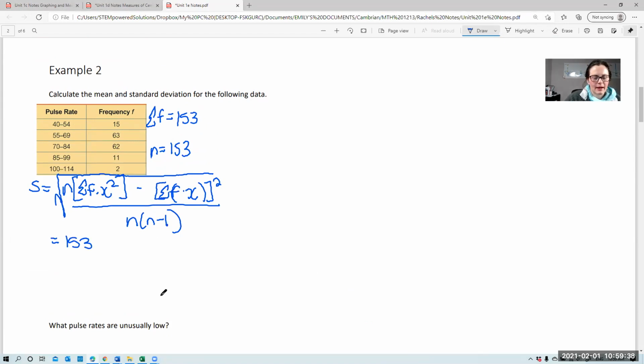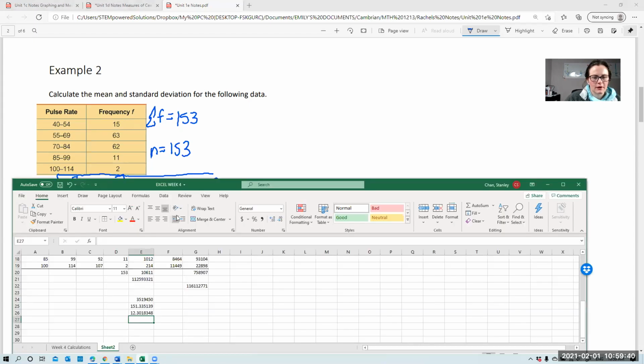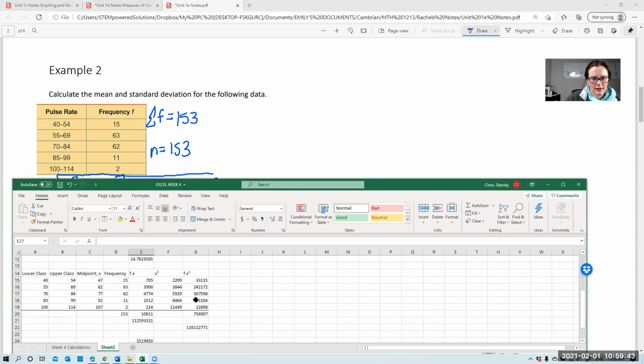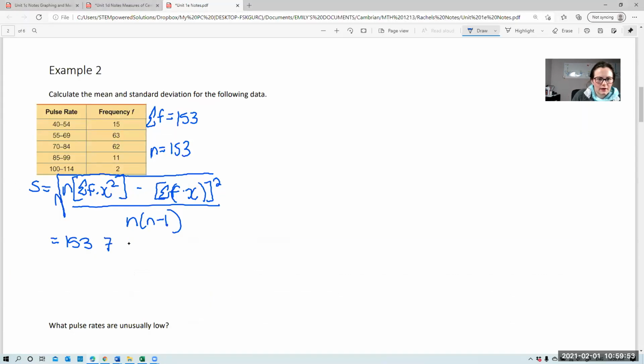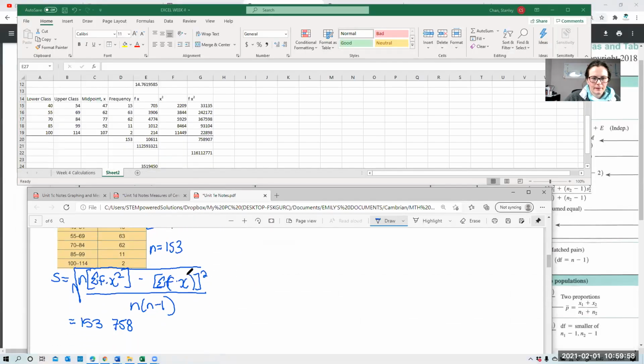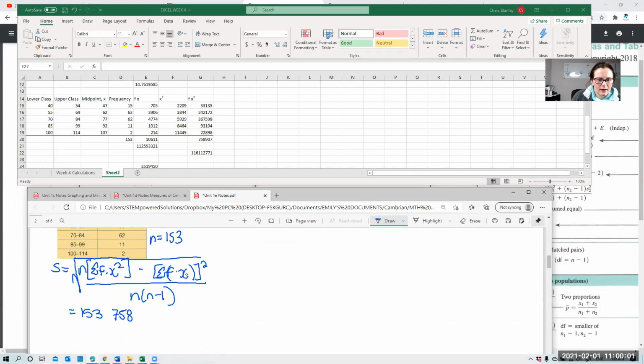The sum of the frequencies times x squared is equal to 758,907. There's a multiplication sign right here, and then we're square rooting this whole thing.